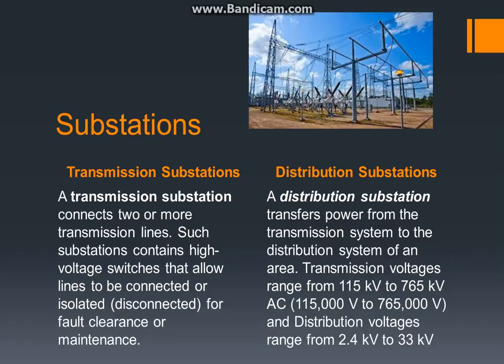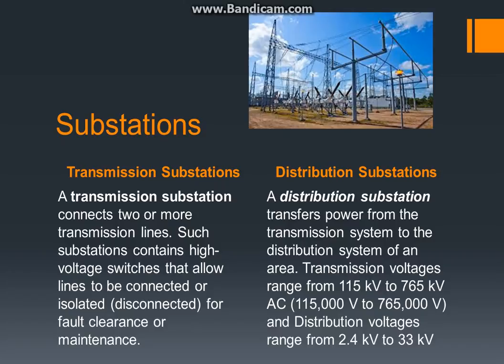Okay, now the final thing we're going to be talking about: substations. There's two substations, well, there's more, but two that we're going to be talking about today. First is called a transmission substation. A transmission substation connects two or more transmission lines or power lines.